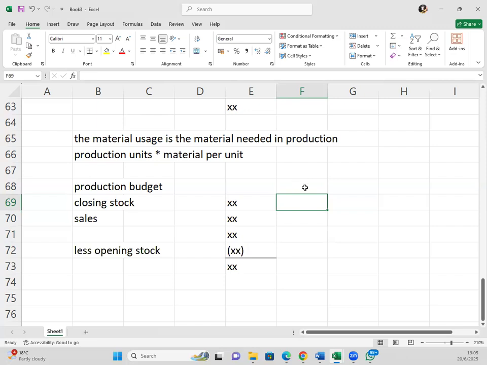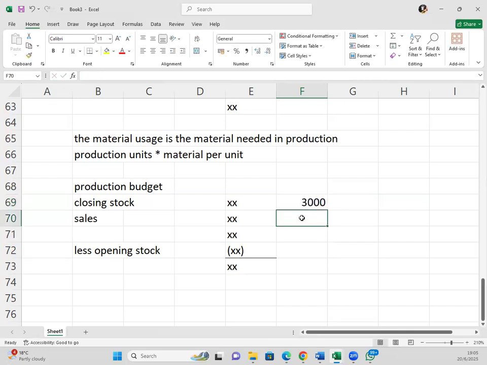The closing stock units is how many? Units, not inventory, not raw materials, sorry. So 3,000 units are the closing units.